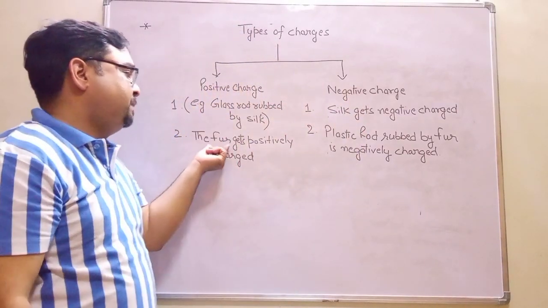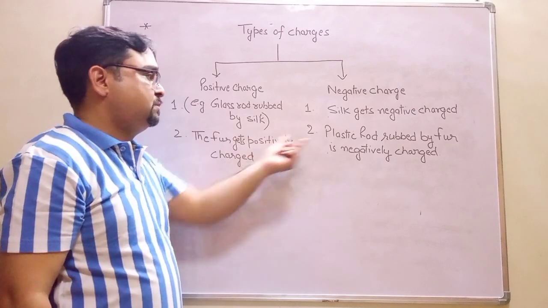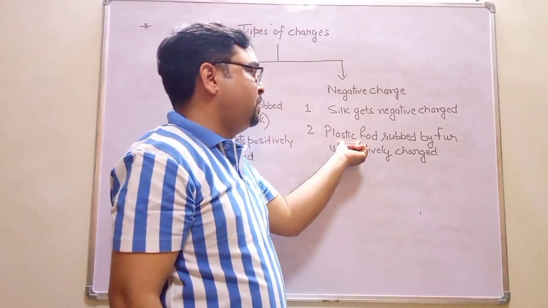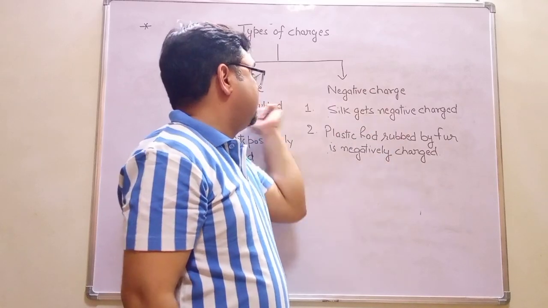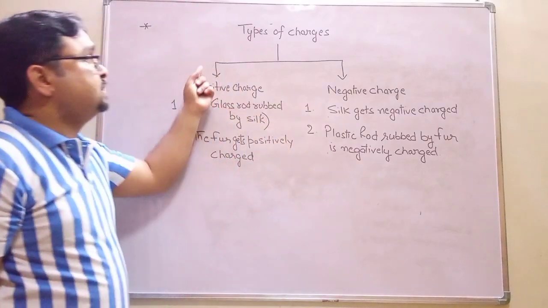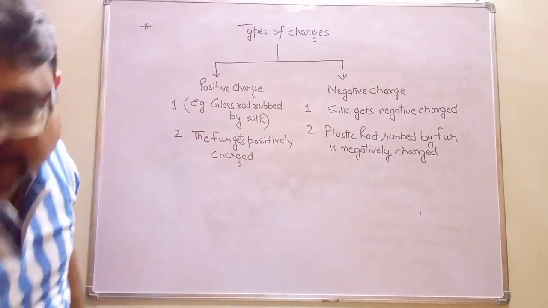Glass rod will repel the fur, which is used for charging the plastic rod. Silk, which is used for rubbing the glass rod, will repel the plastic rod. So these are the types of charges which we have studied.